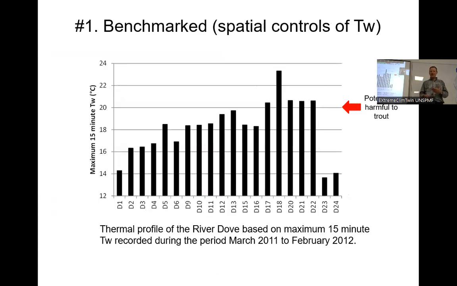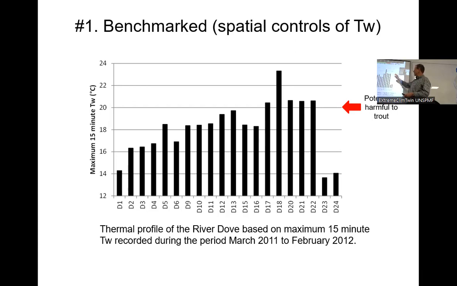So yes, we can benchmark the data because it's high resolution in space. We've got a great amount of spatial information. So if we look at this chart going downstream, changes in mean maximum water temperature. So this is in the headwaters and this is further downstream. You can see basically the river's getting warmer the further we go downstream.